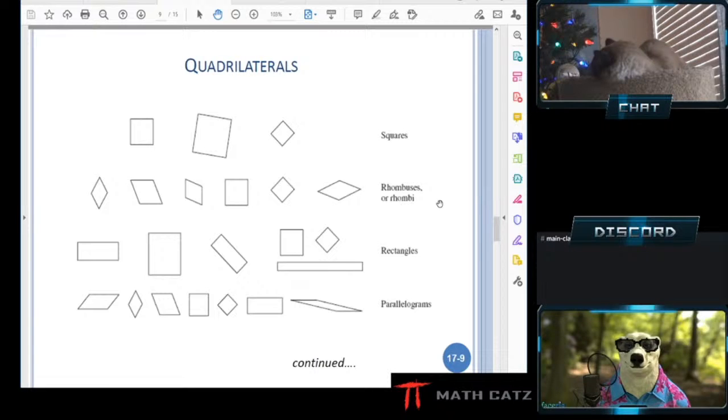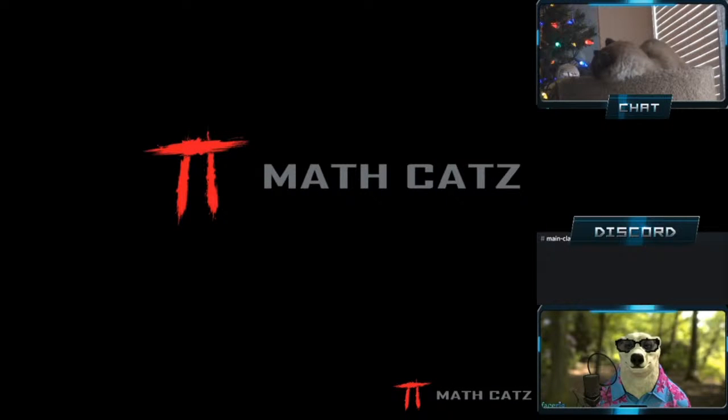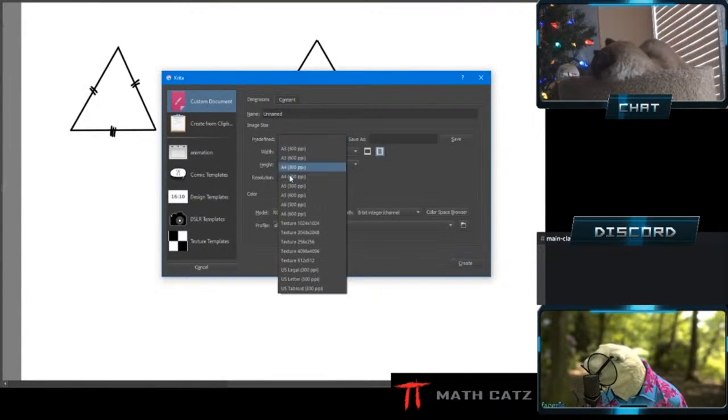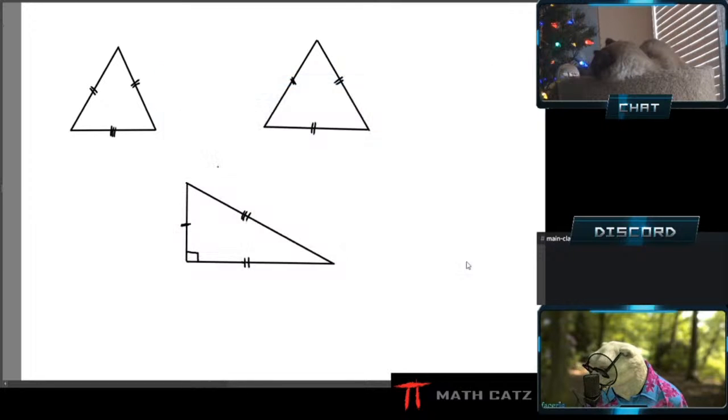And some are special cases of others, and so on. So in order to clarify this a little bit, I'll draw sort of a hierarchy, if you will, connecting these.